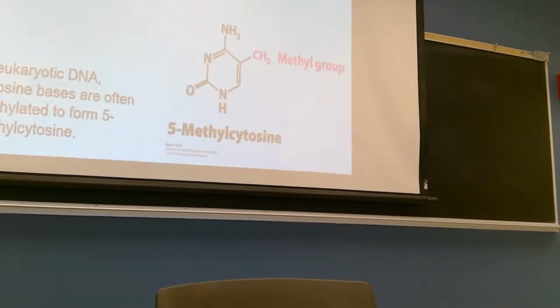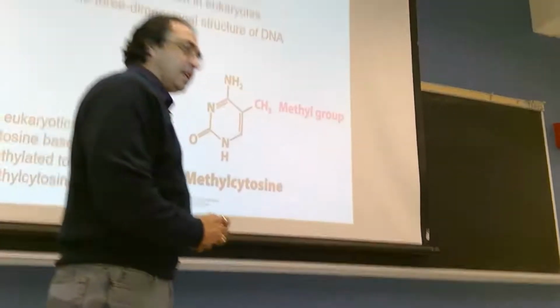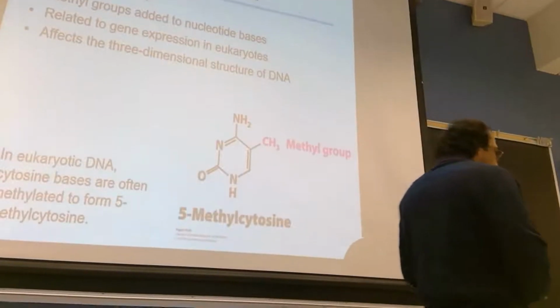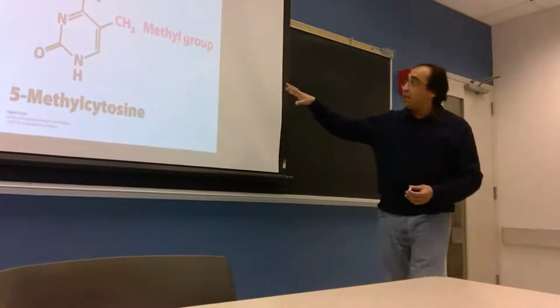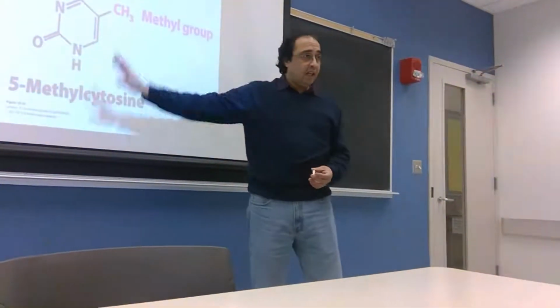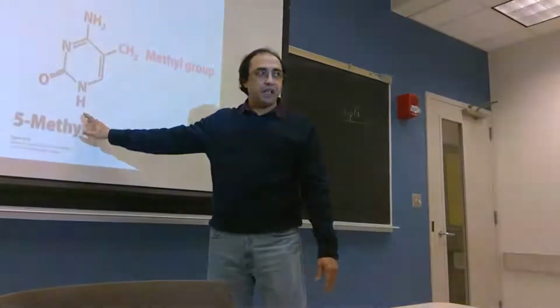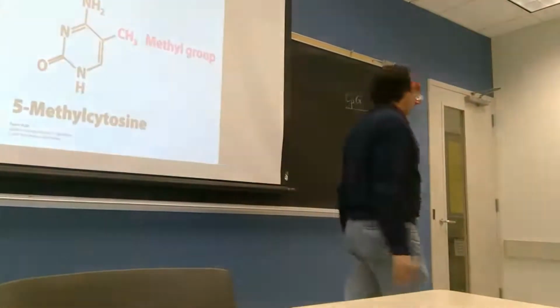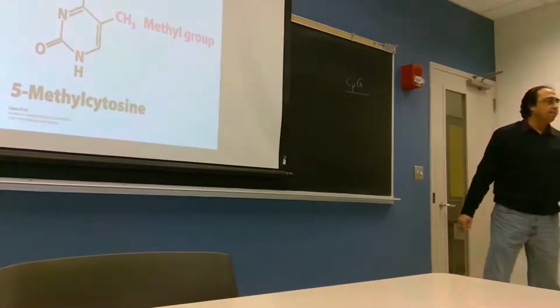Methylation is very common for RNA when RNA is produced, because at that time this methylated cap is required. But in some cases, methylation occurs in the DNA, most commonly for cytosine only, forming methyl cytosine.